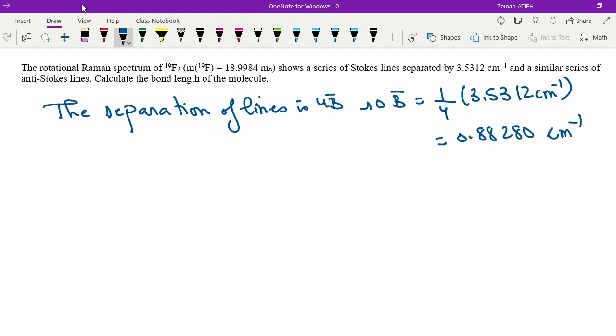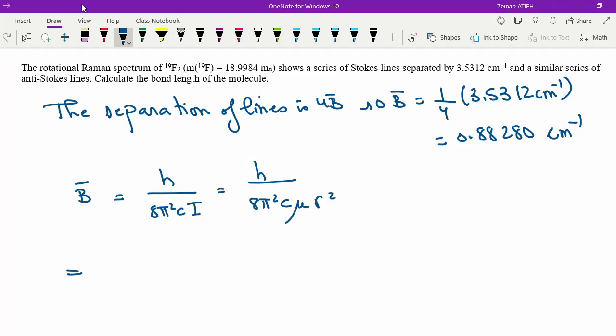Now to calculate R, we all know that B bar is equal to h over 8 pi squared c I, which is equal to h over 8 pi squared c mu R squared.